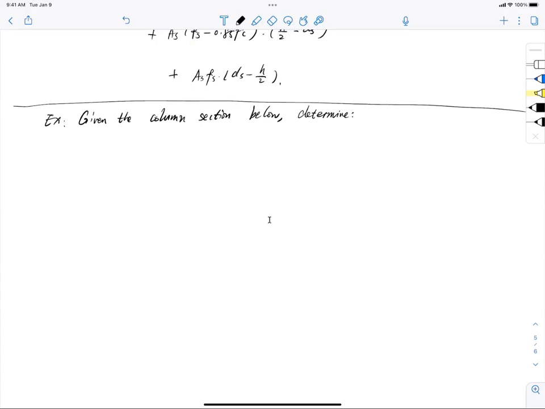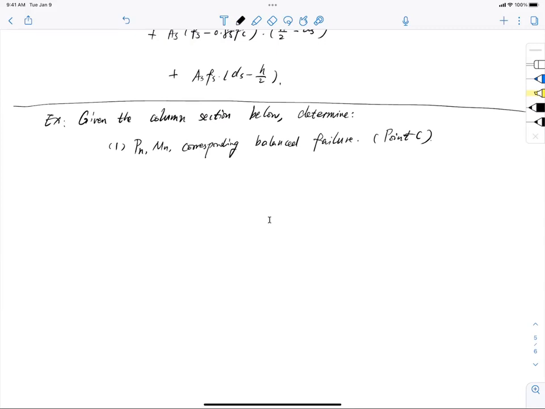First is the axial force Pn and bending moment Mn corresponding to the balanced failure. What is balanced failure? Basically point C here on the envelope or interaction diagram.